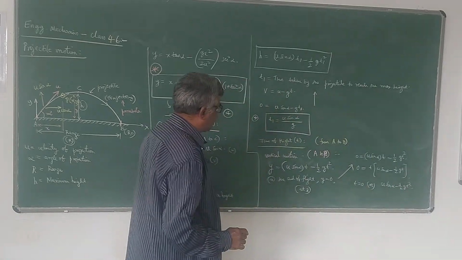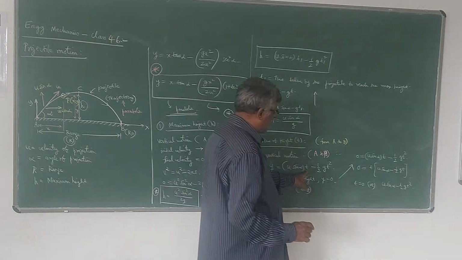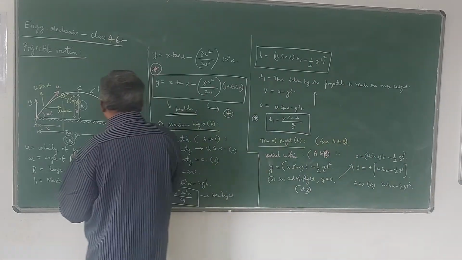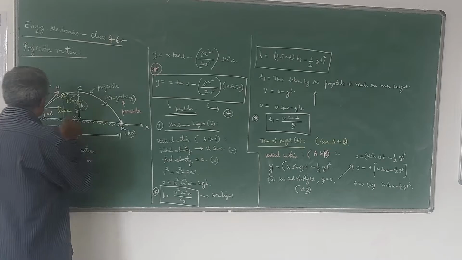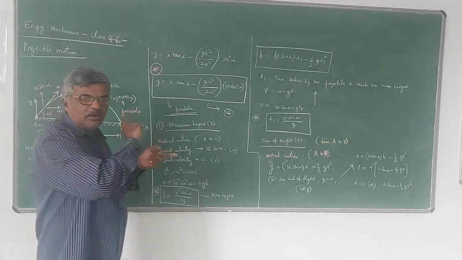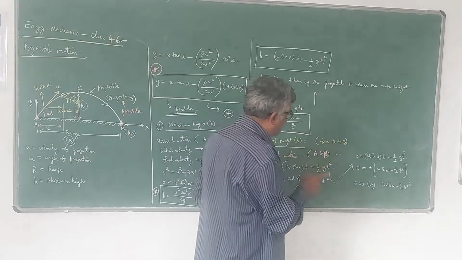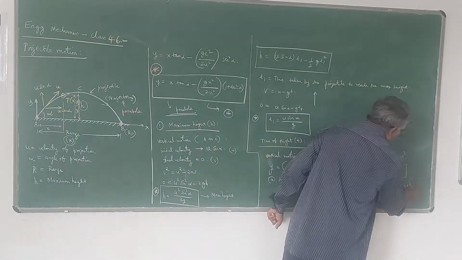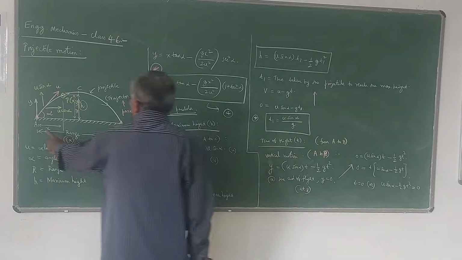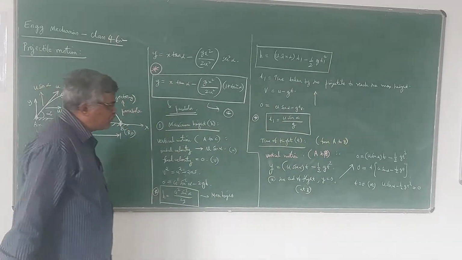Please note that in this equation t is the total time of flight, because I am taking the point B. For the particle to reach B, it has taken total time t. t equal to 0 corresponds to point A, the initial point.